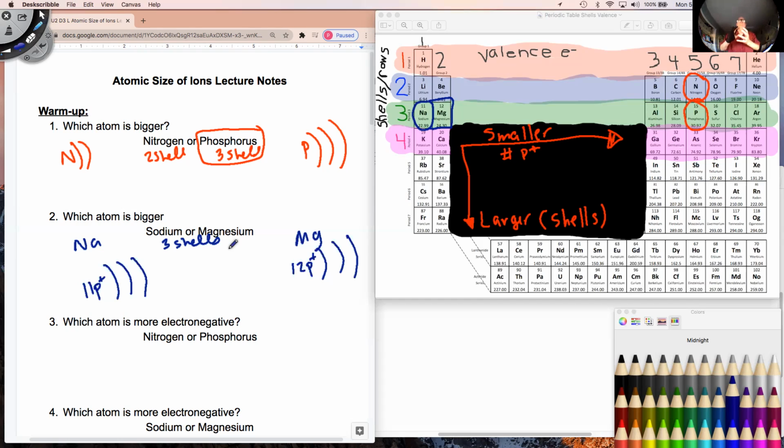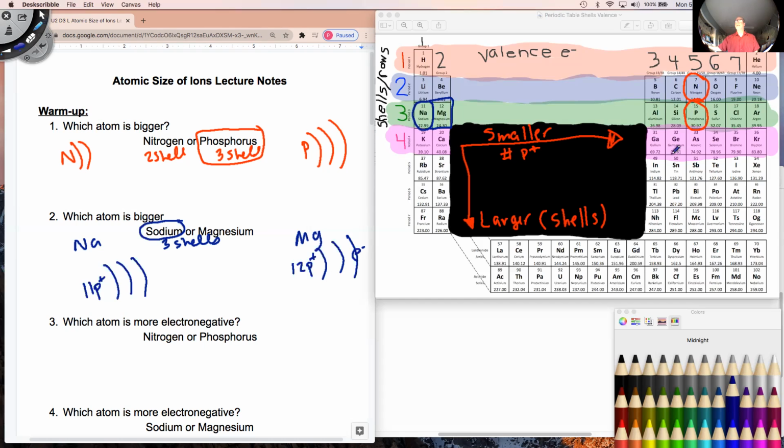They're going to pull the electrons in. Remember, this is where the electrons are. So in this case, which is bigger? Well, magnesium is going to pull things in closer, so sodium is bigger.